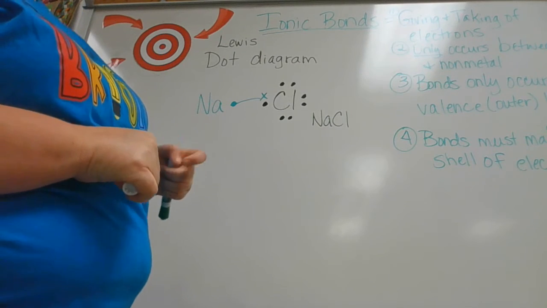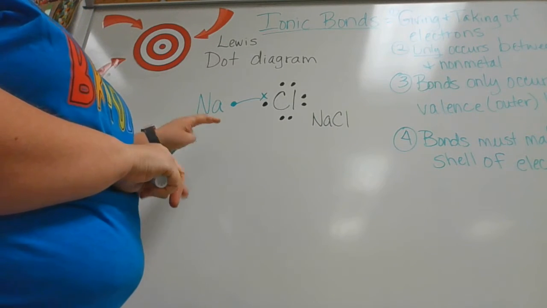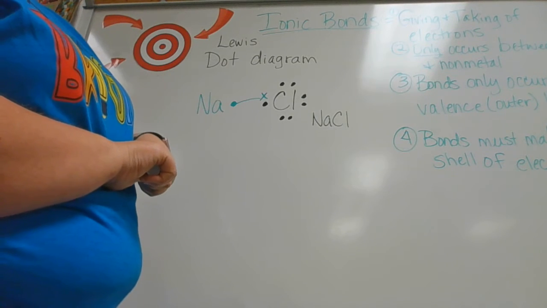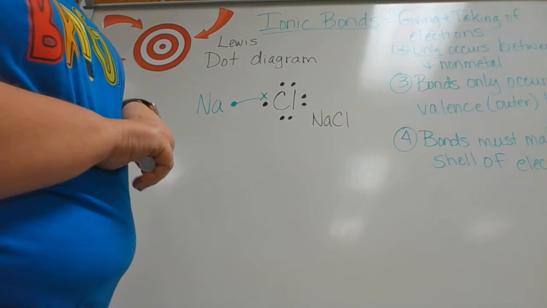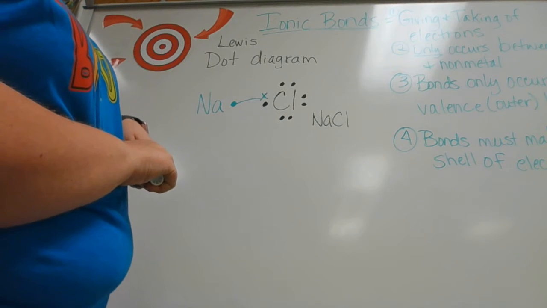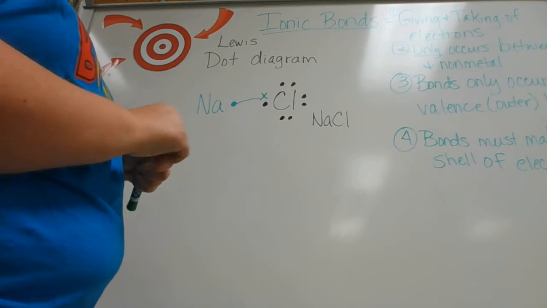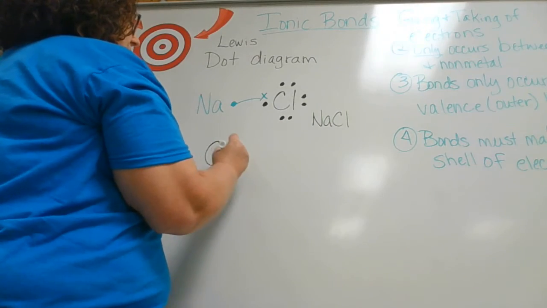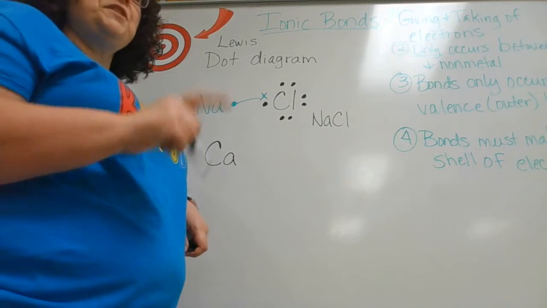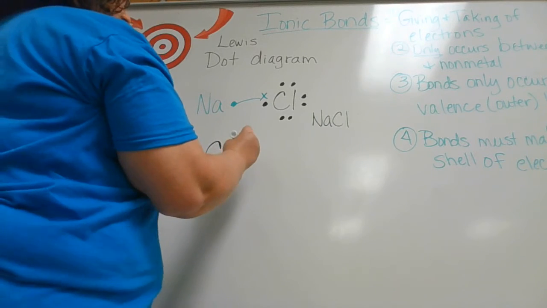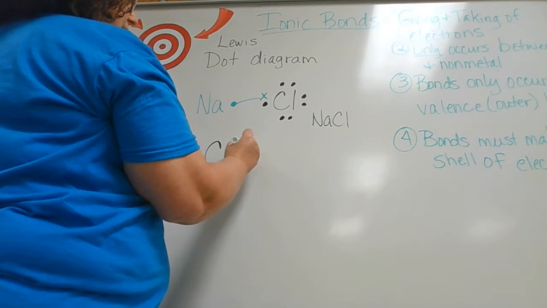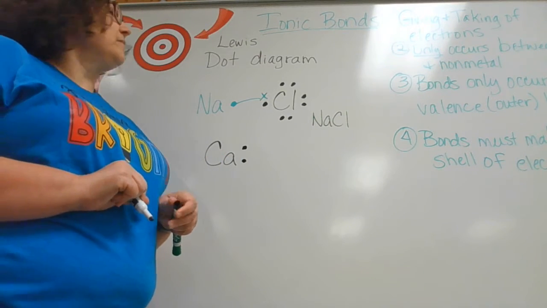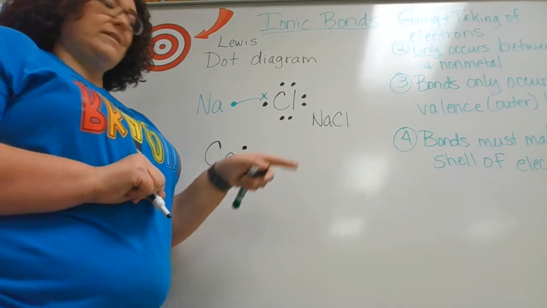And this time, I'm gonna do one that needs more than one electron. So let's do calcium and chlorine. Okay, so calcium is in group 2, which means it has 2 electrons in its outer layer. Okay, and again, chlorine still has 7.